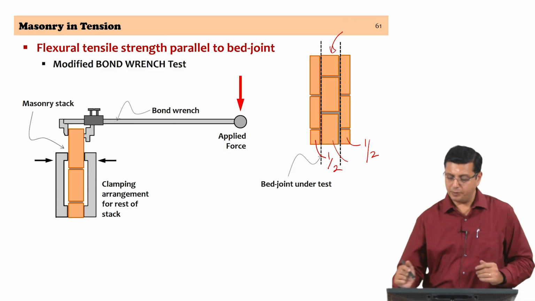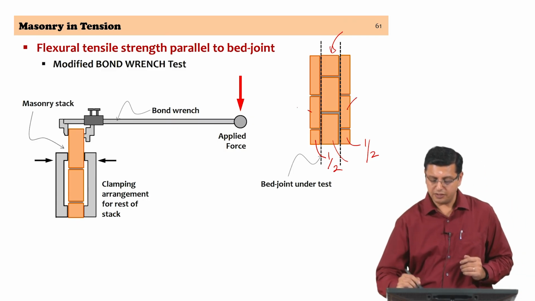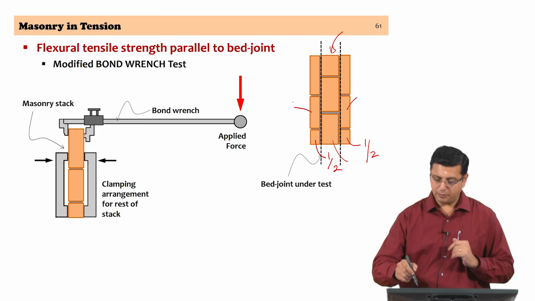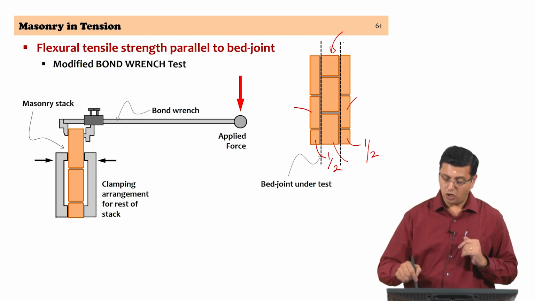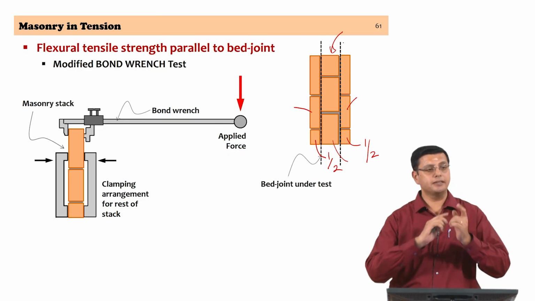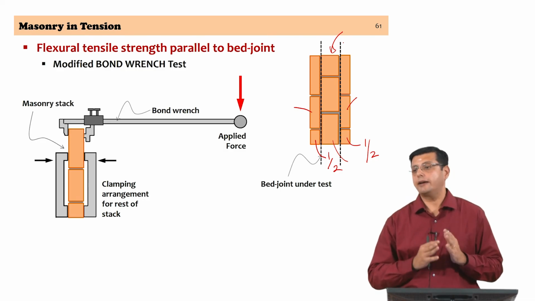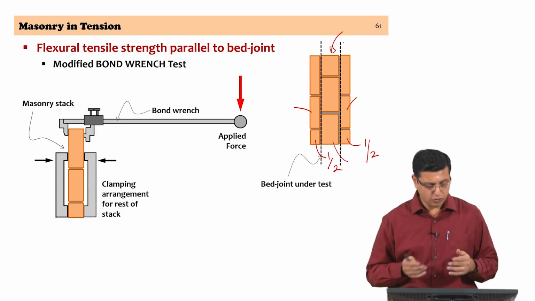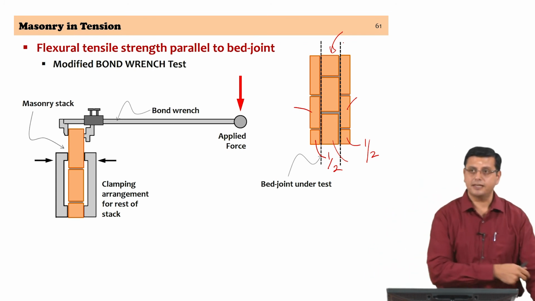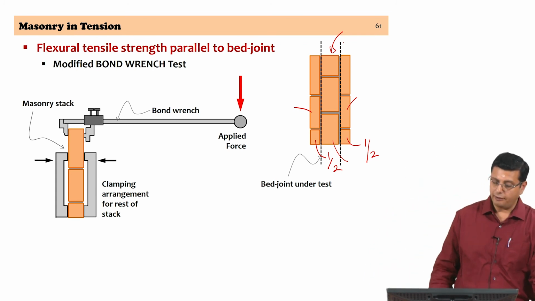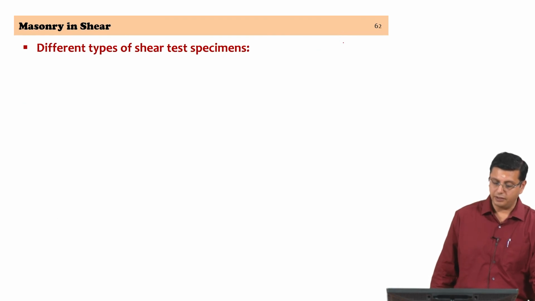The clamping arrangement holds these two portions, and hence you are subjecting the joint that is shown with dotted lines to flexural tension parallel to those two joints, right. So, a modified bond wrench test can also give you this estimate of the flexural tensile strength in masonry. Okay.